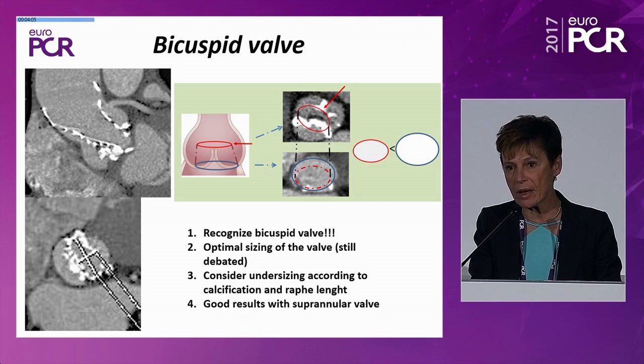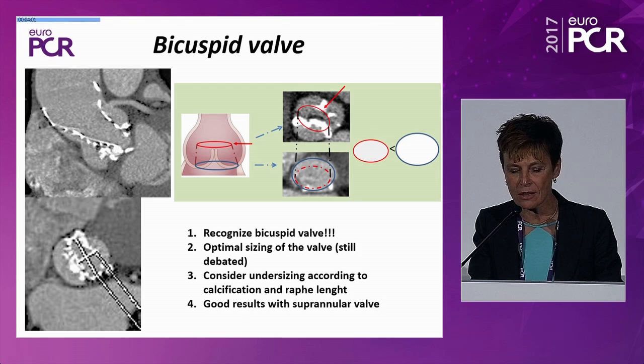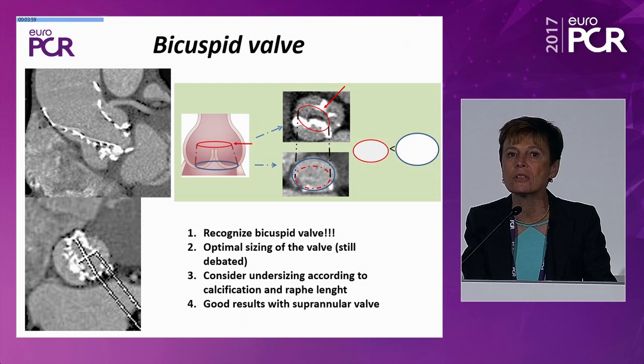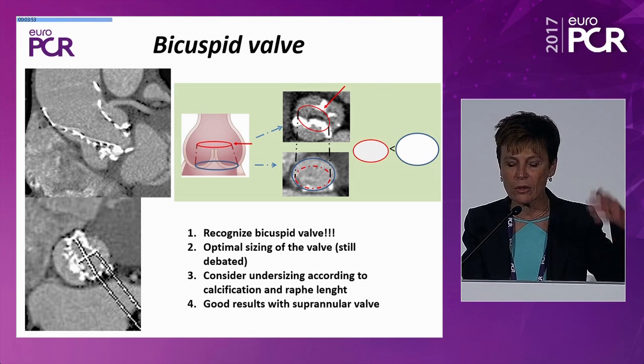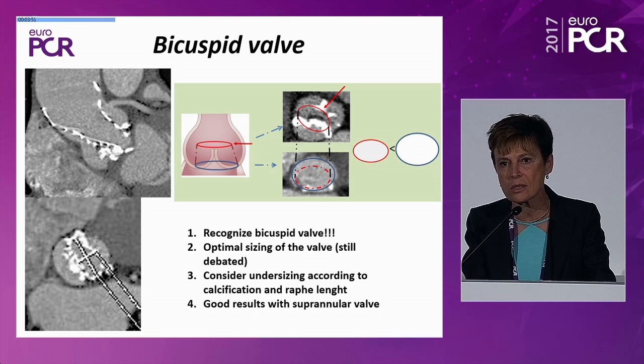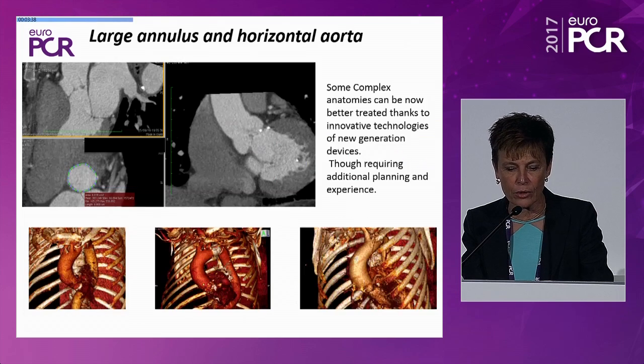We have to optimize the sizing, looking ourselves at the CT images. We have to consider not only undersizing, but what to look for in the annulus, and not only in the annulus but in the mouth of the valve, which is the raphe and the calcification distribution. And a good result can be achieved with a supra-annular valve, as was shown by Ulrich.